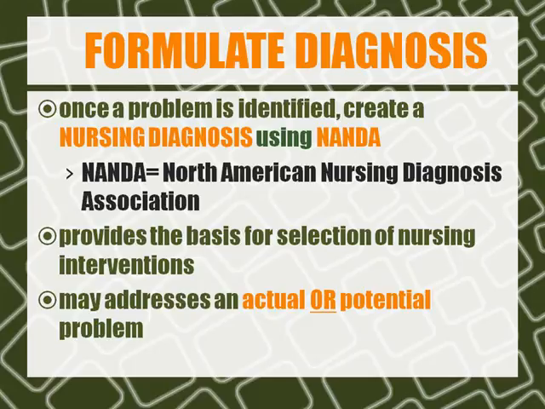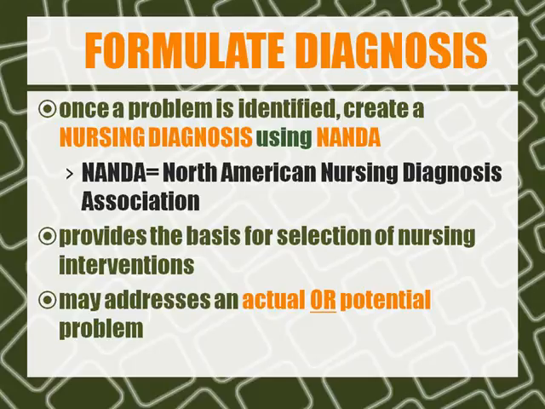They have come up with hundreds of nursing diagnoses that can be used when providing patient care. When you're looking at a patient, you also could find probably hundreds of nursing diagnoses that might apply to your patient. These nursing diagnoses provide the basis for selection of our nursing interventions.